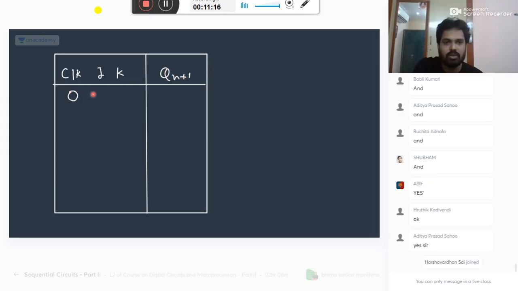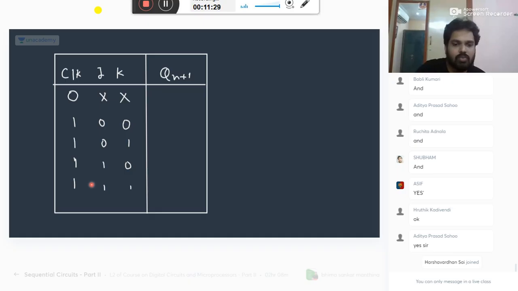When clock is 0, these can be anything. Clock 1: if it is 0 0, 0 1, 1 0, 1 1, different cases we analyze one by one.